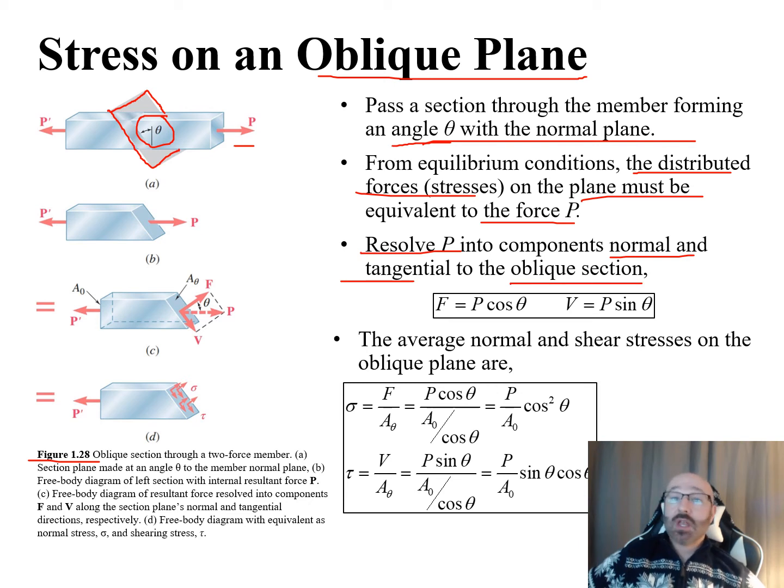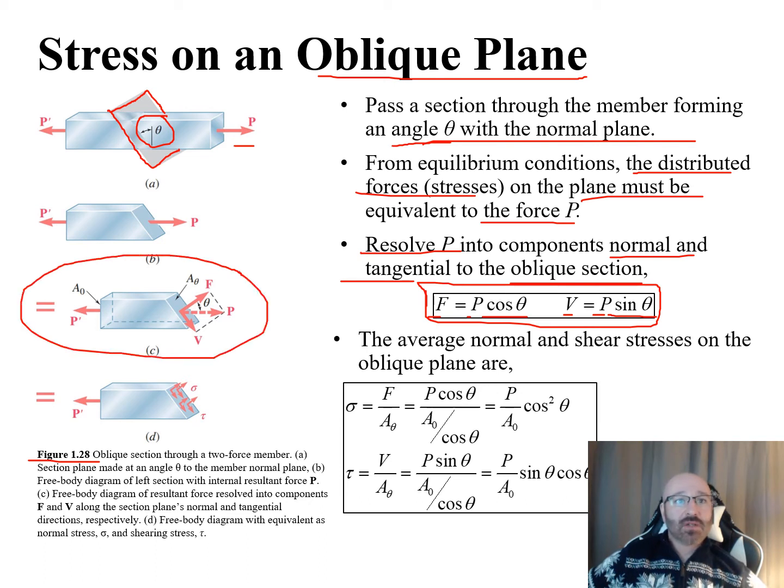We end up with these equations: our F is equal to P times the cosine of theta, and our V, our shear, is equal to P times the sine of theta. We can see that in our diagram in part C, there's our F, P, V, and our angle theta when we look at that broken down.